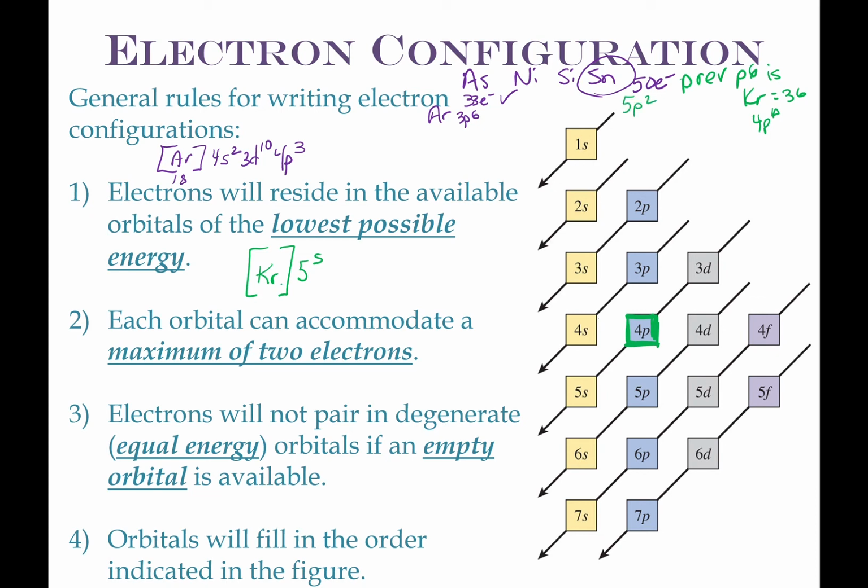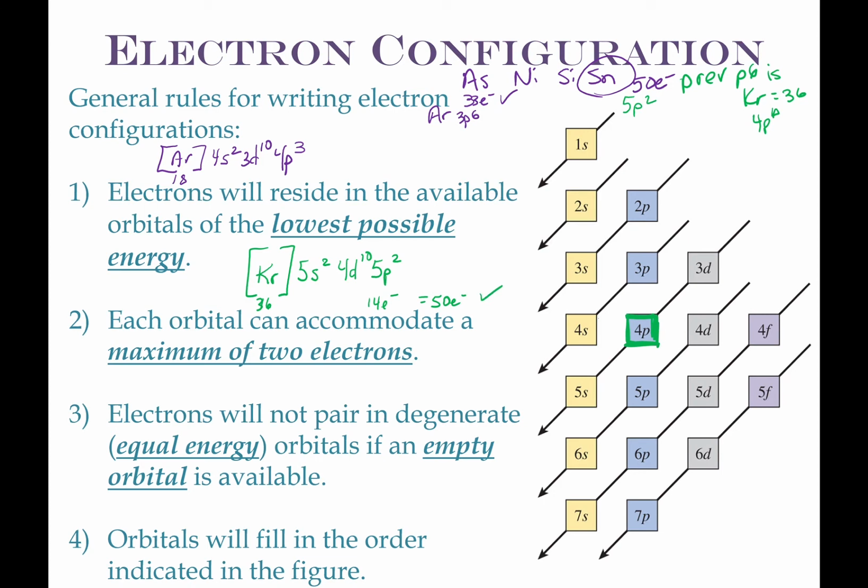So 5s2, 4d10, 5p2. This is 14 electrons plus the 36 electrons from krypton gives me 50 electrons.